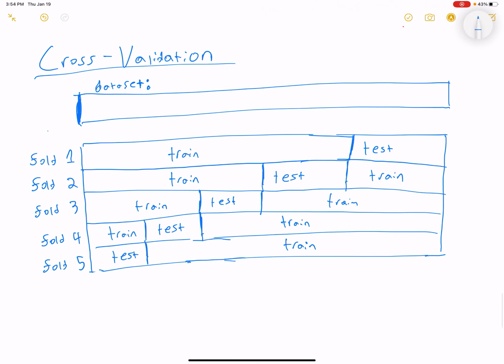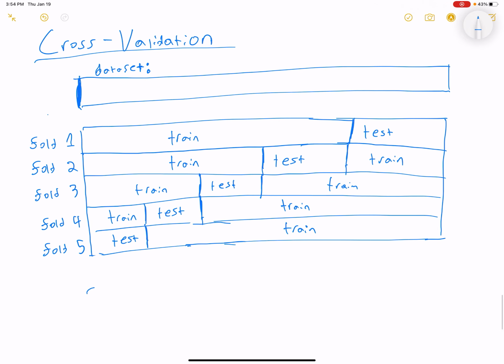In general, cross-validation is usually called K-fold cross-validation, where K represents the number of folds that you split the data into.